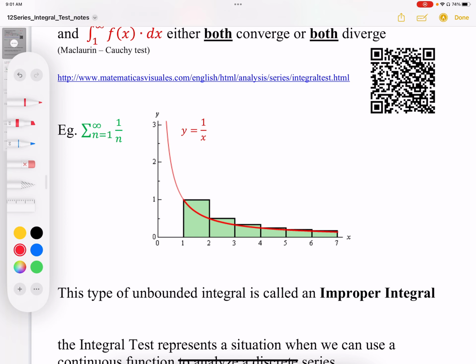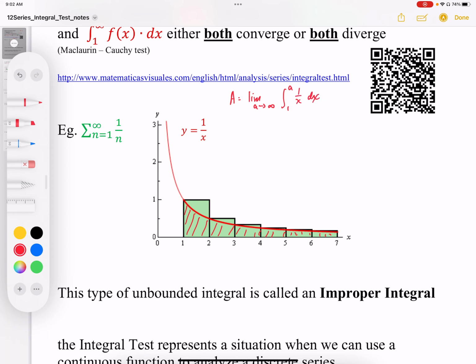So we're just going to find this area, from 1 all the way to infinity. So this is an improper integral, and we're going to set it up that way. So the area is equal to the limit as the endpoint a goes to infinity of the integral from 1 to a of 1 over x dx.